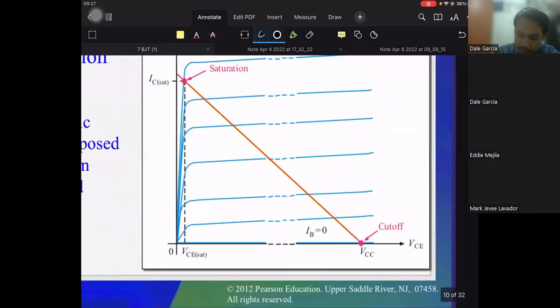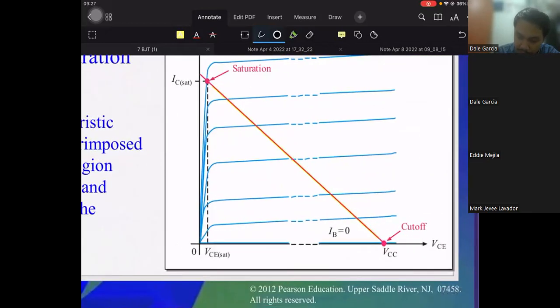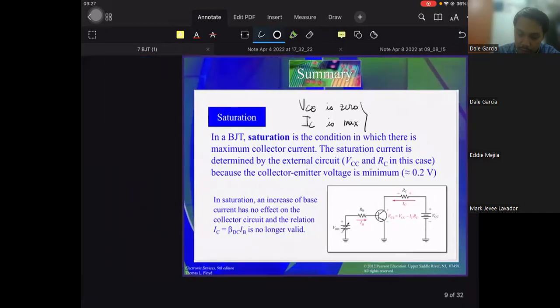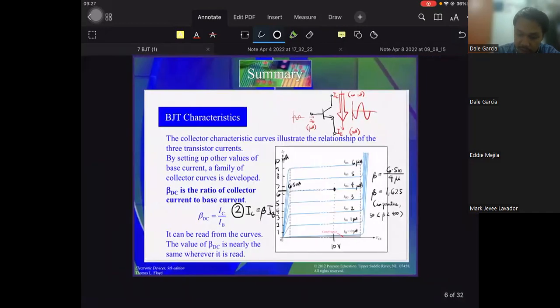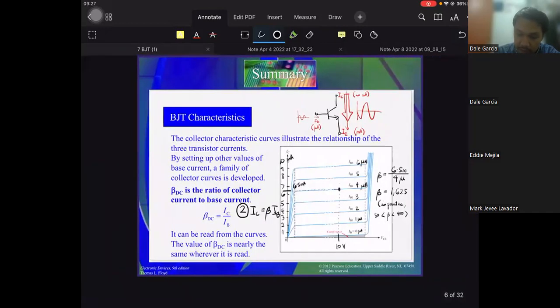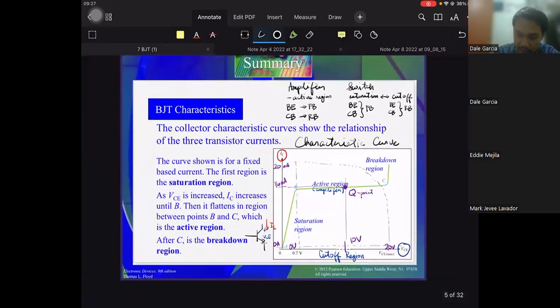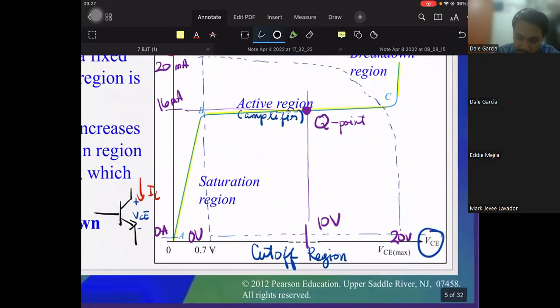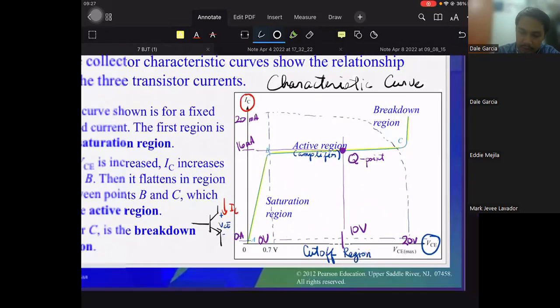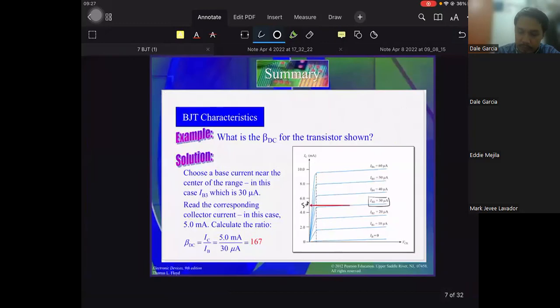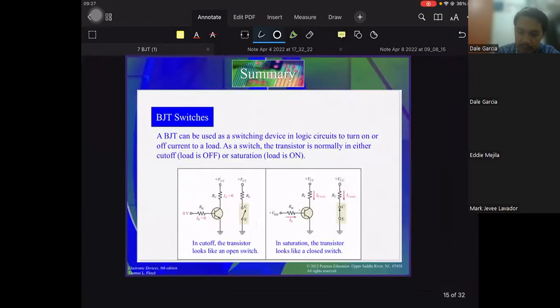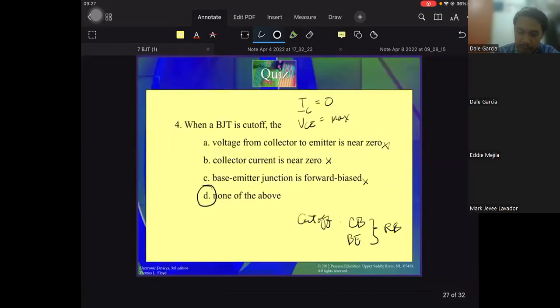Here, whenever the DC load line touches the x-axis, that's cutoff, because the cutoff region is below the x-axis. I have put the answers to these questions in the slides.